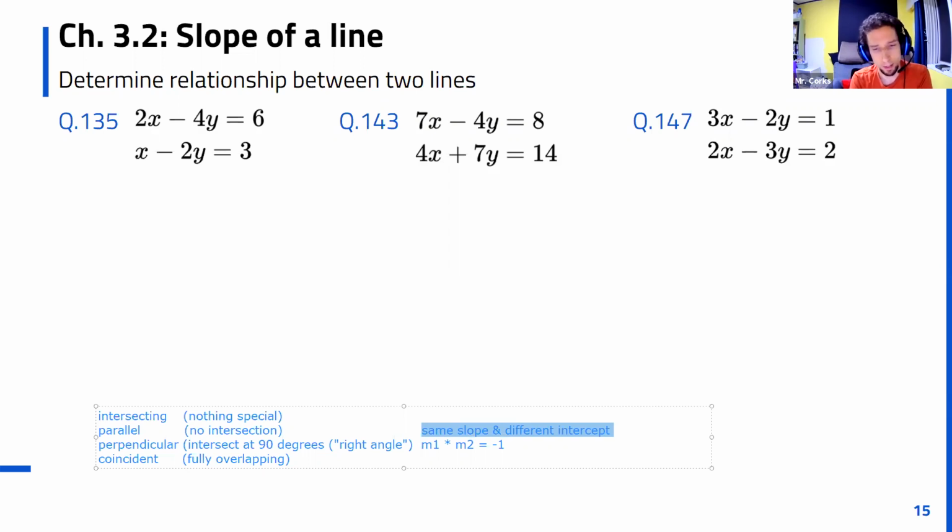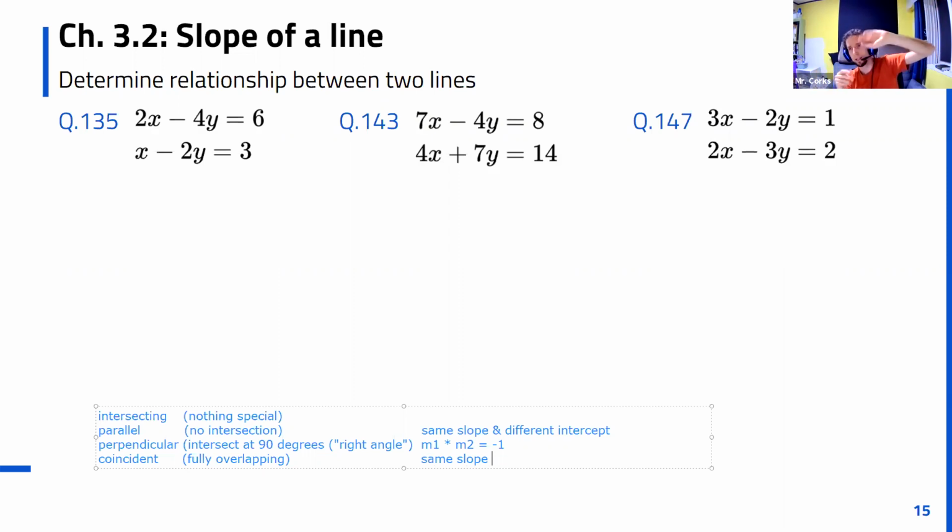So for parallel, same slope, different intercept. What's going to be true about coincident lines? Is the slope the same or different? It is the same, but in the equation it could be a different number, but if you simplify it, it's the same. The slope is a ratio of how much we go up compared to how much we go over.